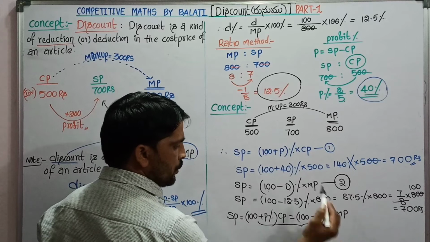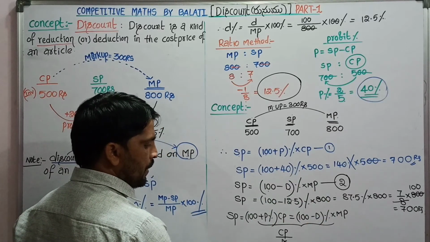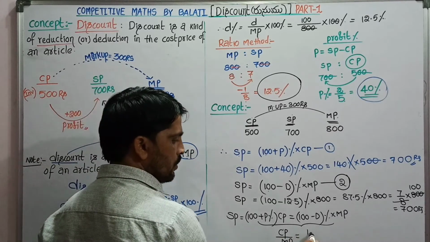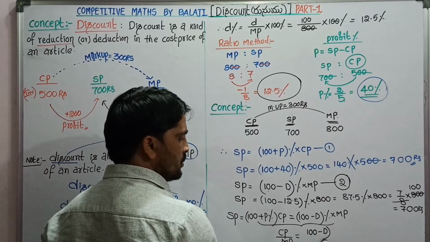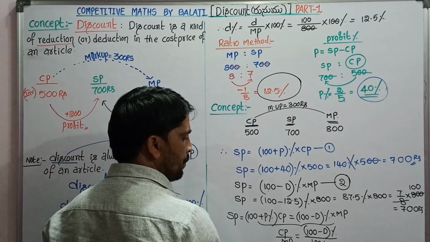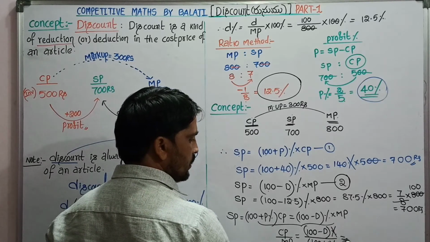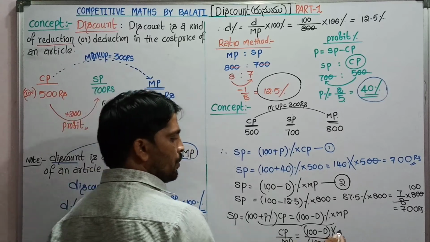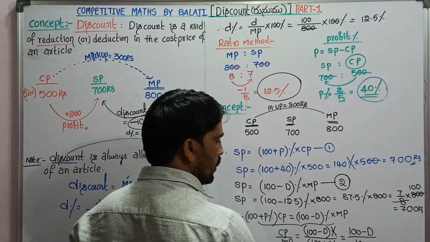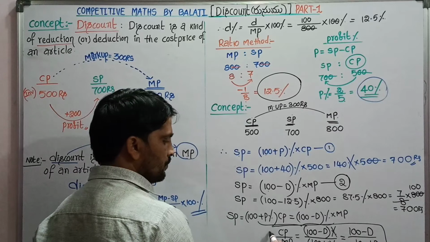Now by using these two equalities, we can write that CP over MP, the ratio of cost price to market price, is equal to 100 minus D percent over 100 plus P percent. Percentage gets cancelled. That is, the ratio of cost price to market price is equal to 100 minus D over 100 plus P. This is the formula.